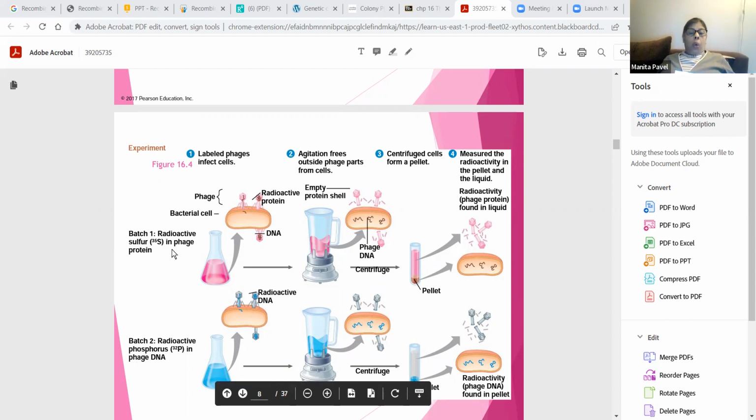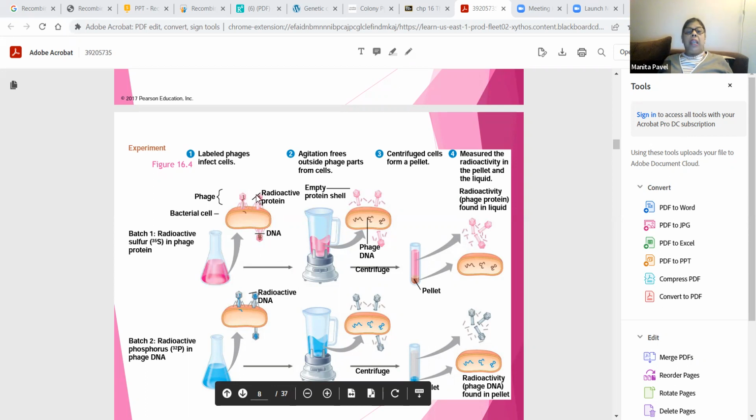So when Hershey and Chase took both these tags, radioactive sulfur 35S and radioactive phosphorus, what they found in this experiment, when they infected the E. coli, one sample with the phosphorus labeled phage and the other with the radioactive sulfur labeled phage, was that they put the phage particles in the Erlenmeyer flask, or this conical flask.